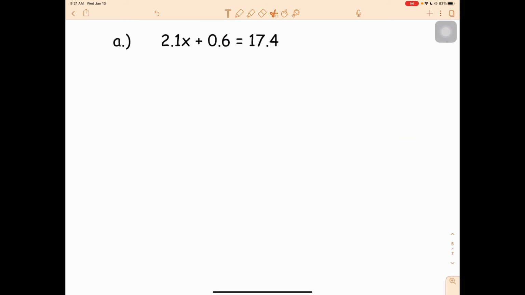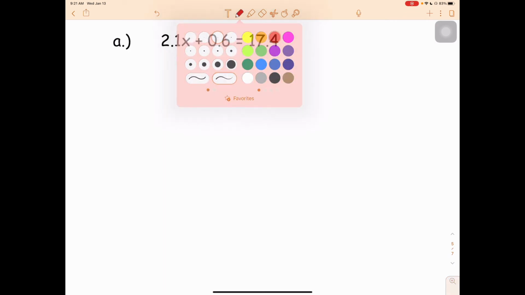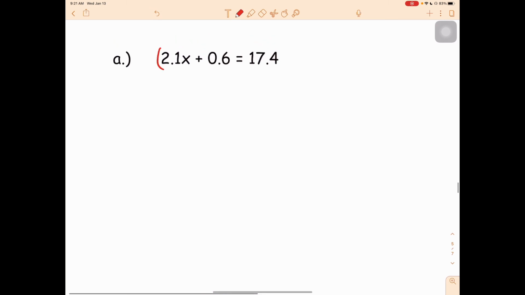So here I notice we are in the tenths place. So to undo something that's in the tenths place, or to rewrite those as whole numbers, I need to multiply everything by 10. Because then that will move my decimal over 1 time here.